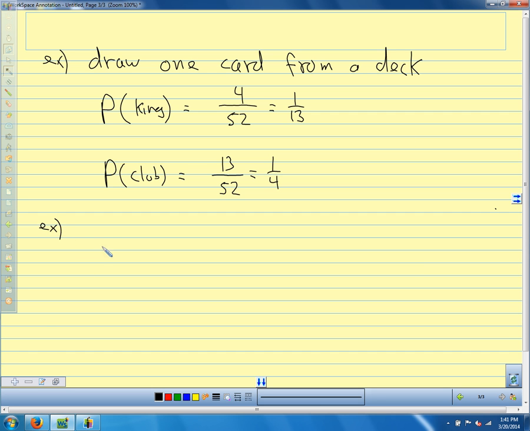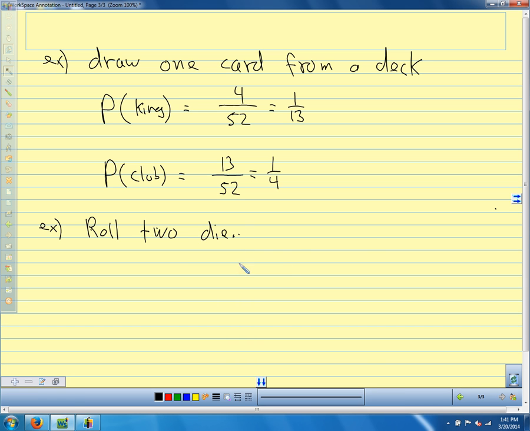All right, let's roll some dice now. So we roll 2 6-sided dice. Our book calls them dice; in the geometry book, they call them standard number cubes.